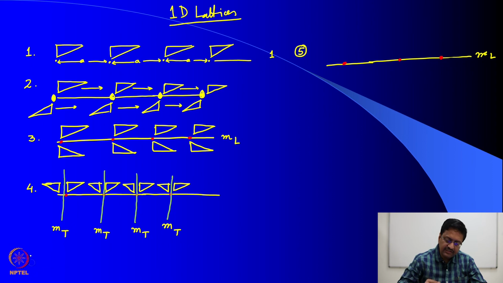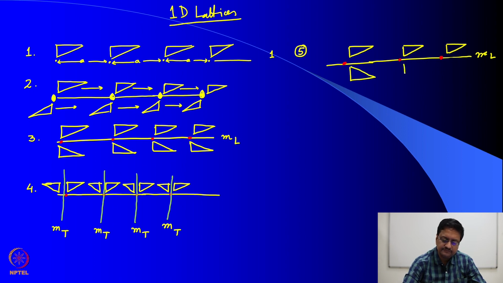I am drawing the object first. Now, if you apply the longitudinal mirror symmetry, you get these objects.